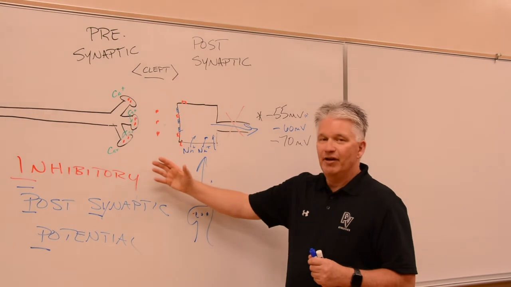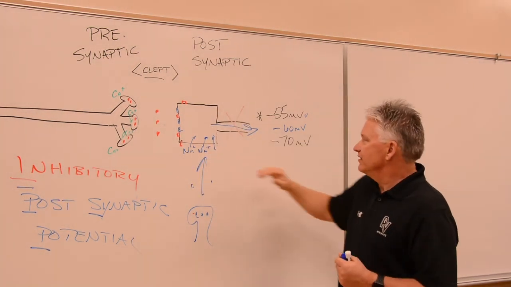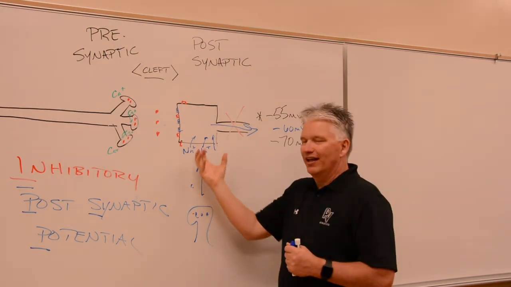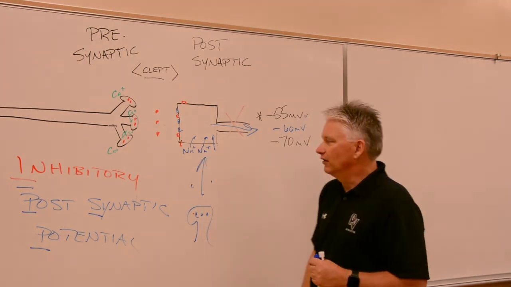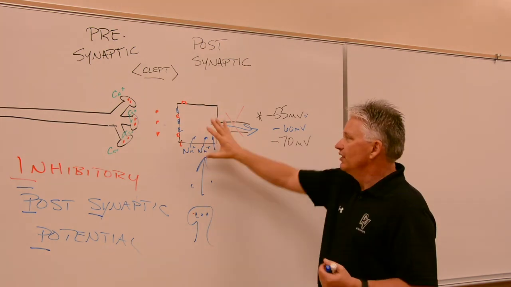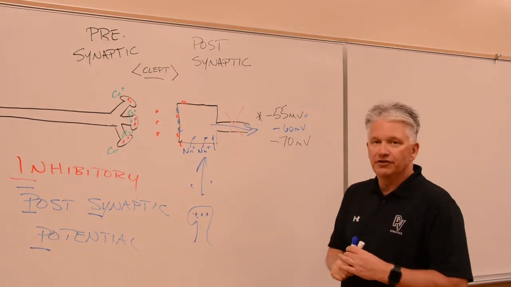I can inhibit and block that impulse, or I could facilitate and bring myself closer to threshold. But again, I still got to have a little extra bump. I need still a little more neurotransmitter, maybe from another neuron source, to get me over the hump and allow that nerve impulse to continue.